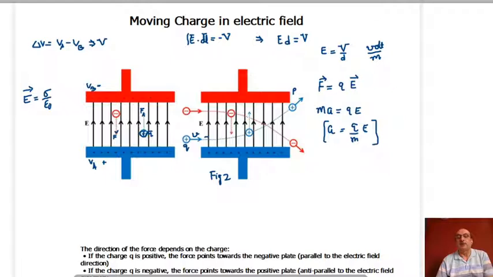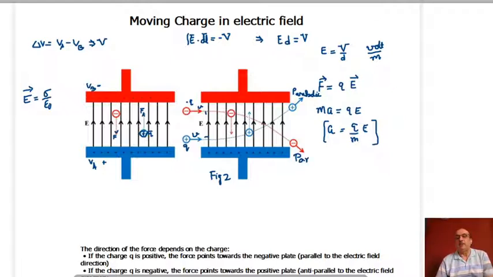Similarly here, the charge will get a parabolic motion. And if the charge is negative q, represented by the red circle, then this moving charge inside the electric field perpendicular to it will also get a parabolic path.